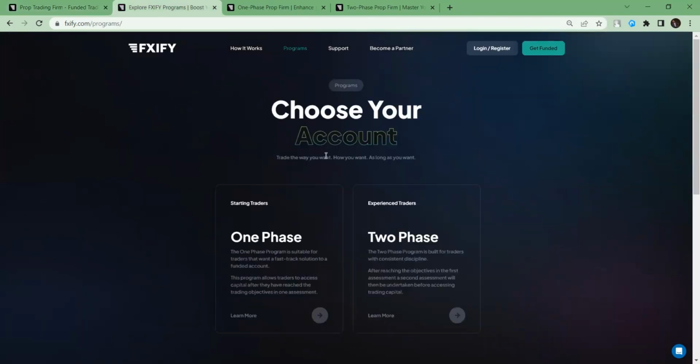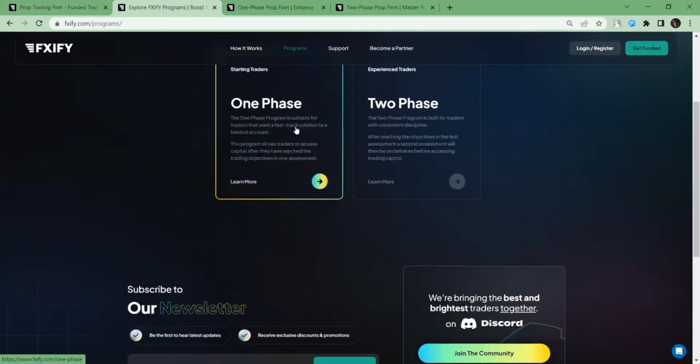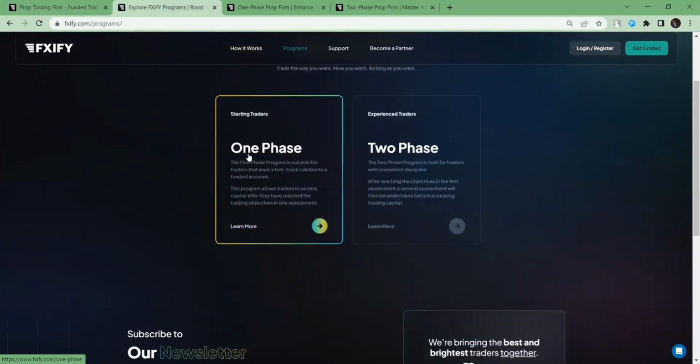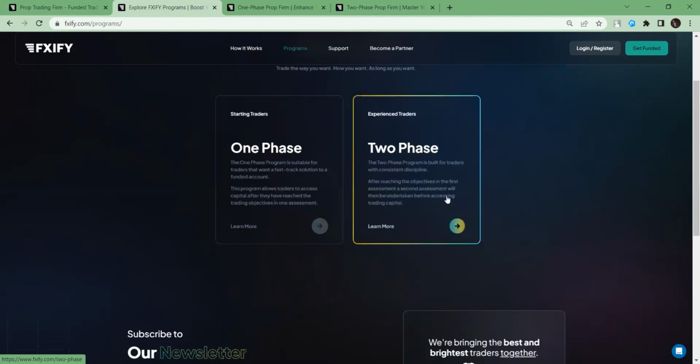So now let's get started. Which account should you choose? One phase. When they say one phase, it means that you are only going to have one challenge before you get funded. So for you to get funded, you just have to pass one challenge. And then there's a two-phase challenge, whereby you have to go through two challenges, two phases, in order to get funded.